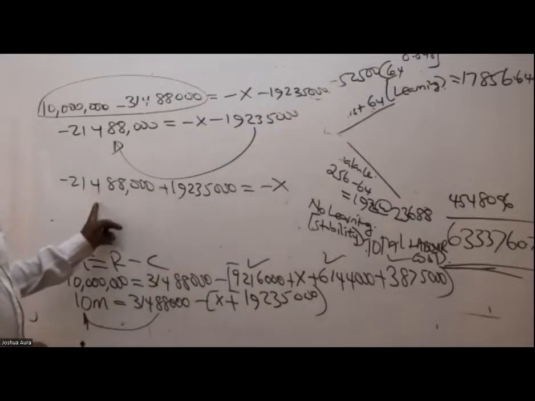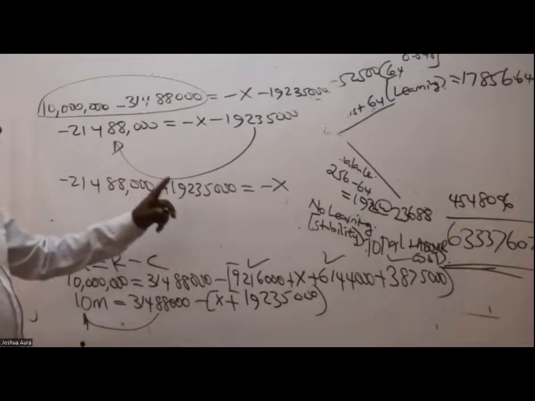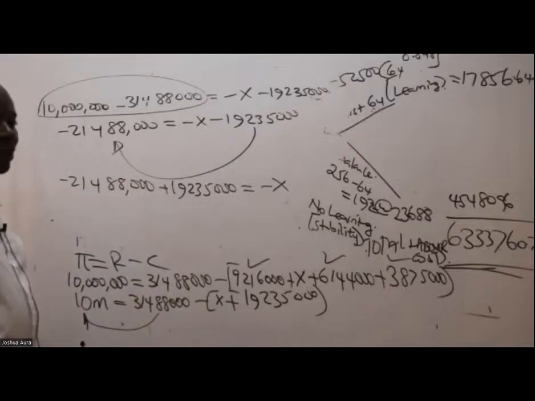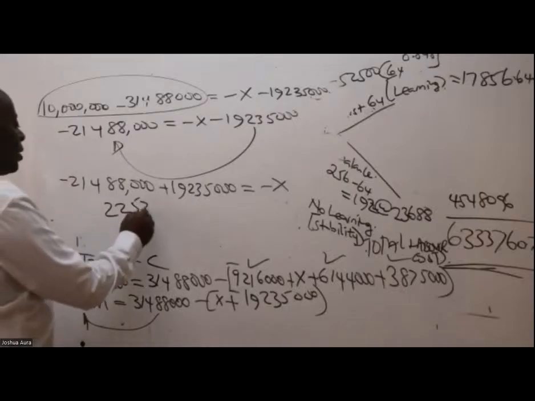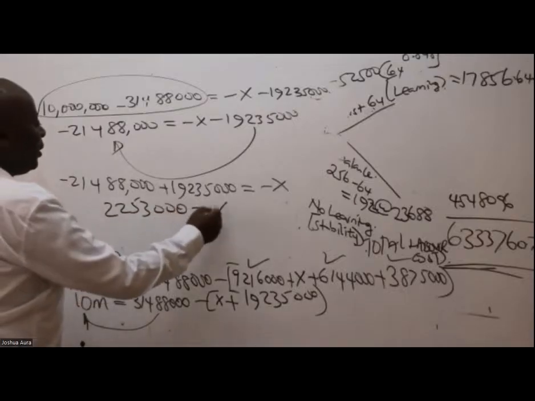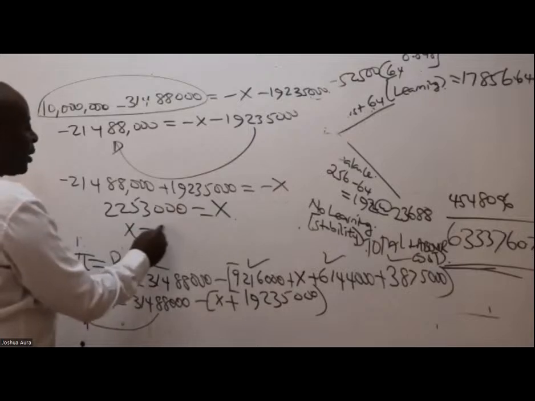Give me the net figure. 22,53,000 equals X.